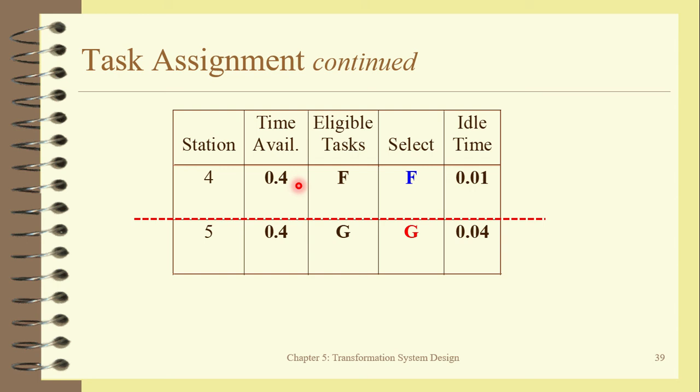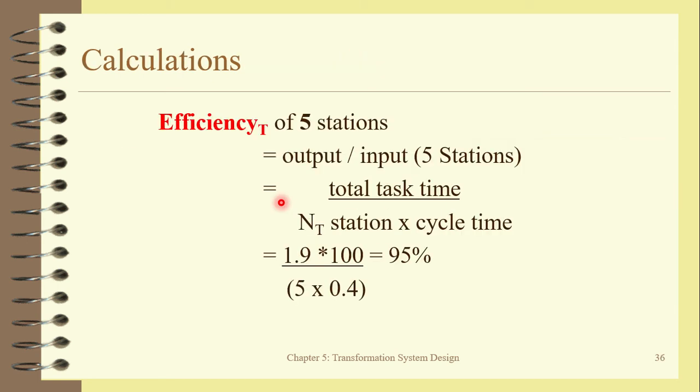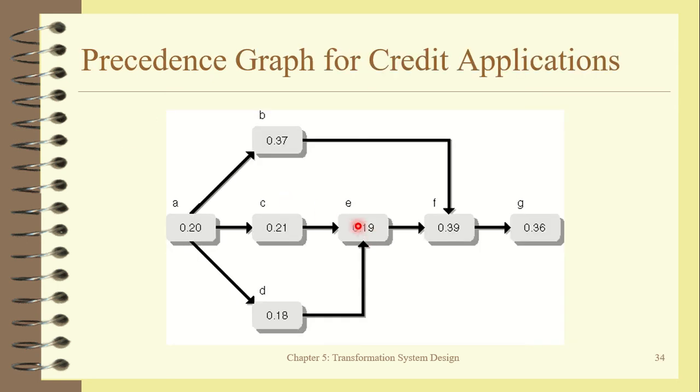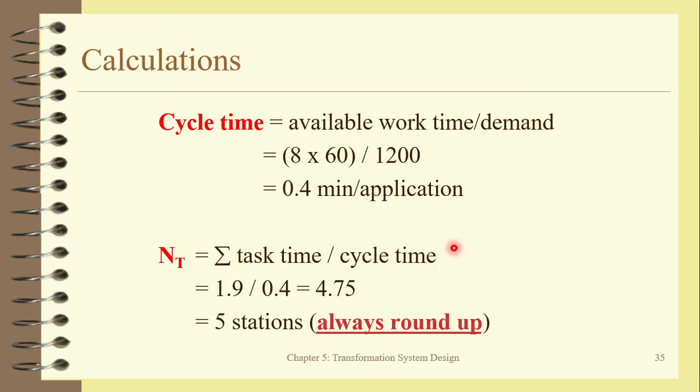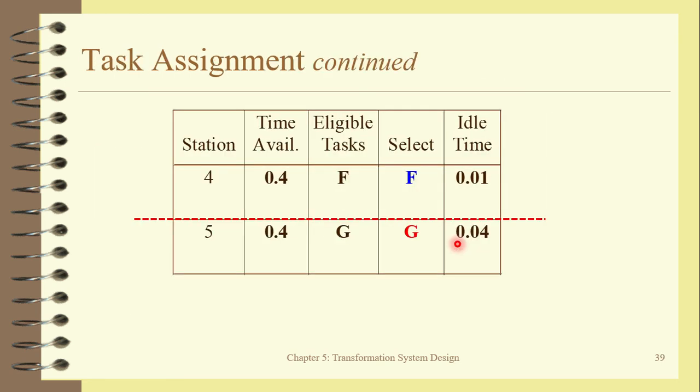Available work time is again reset to 0.4. Then coming back to here, once E is finished, now F can be started because B is already finished and E is finished, both finished. F requires 0.39.